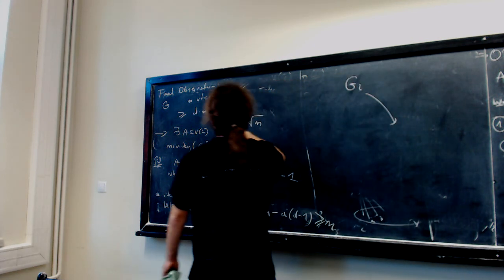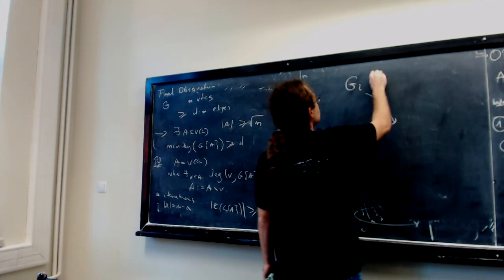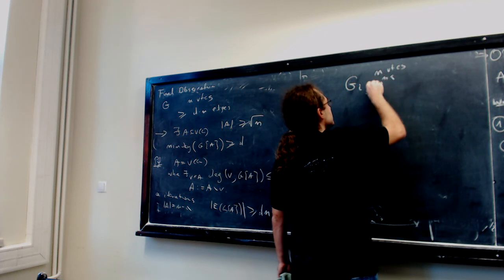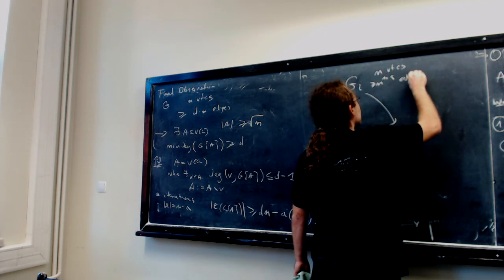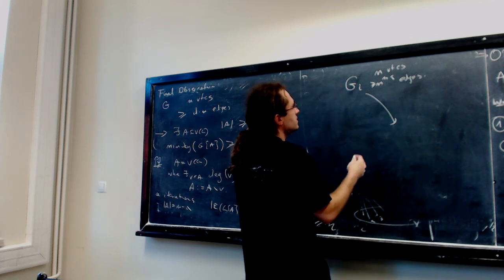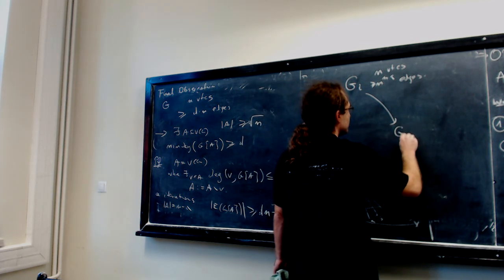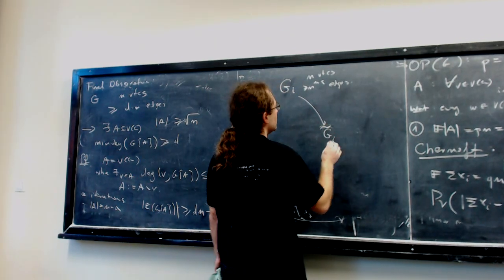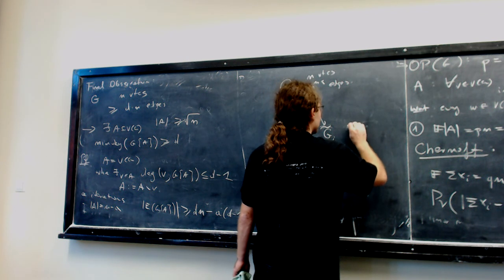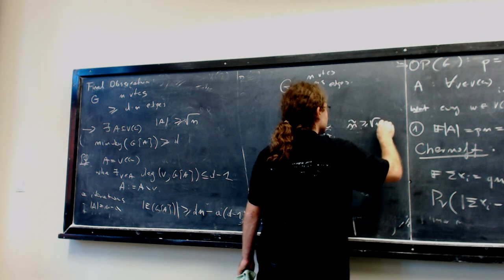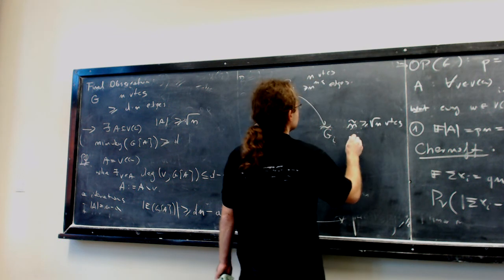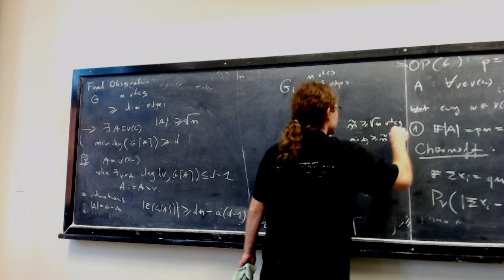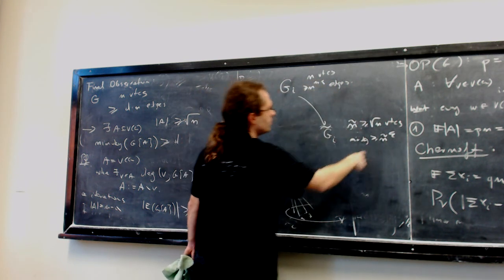We make this operation to get G_i tilde, which has got n tilde at least root n vertices and minimum degree at least n tilde to the epsilon. So we swapped average degree for minimum degree.